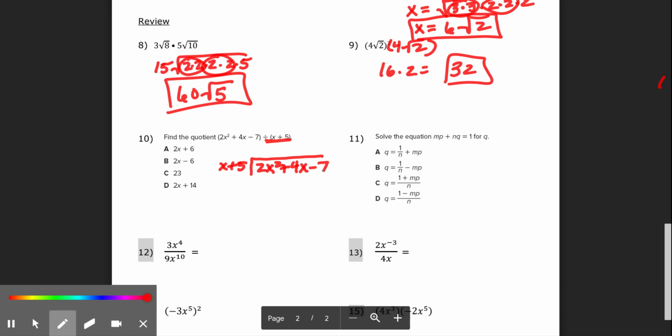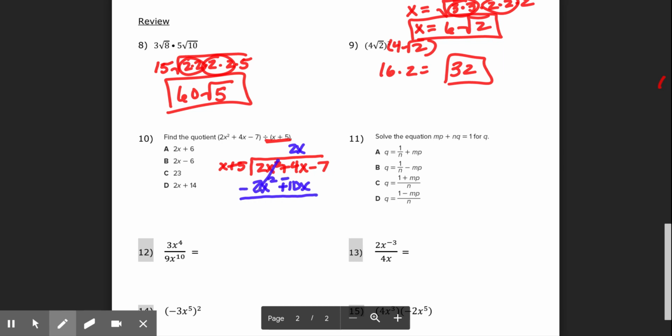Let's change colors. I'm tired of red. Okay, so 2x squared divided by x gives us 2x. So 2x times x is 2x squared. This should be the same term right here because they're going to cancel out. And then 5 times 2x is 10x. Draw a line and change both signs.